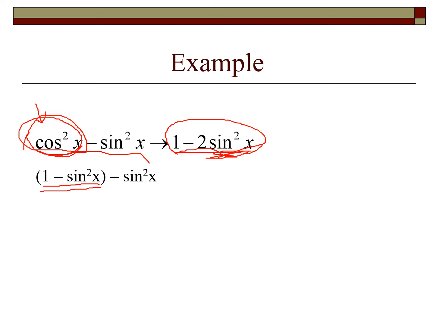All right, so I just took the cosine squared and turned it into this. All right, and then using a little bit of algebra, combine like terms, these two combined together makes 1 minus 2 sine squared x. And that's it. We've shown that that now looks like this.